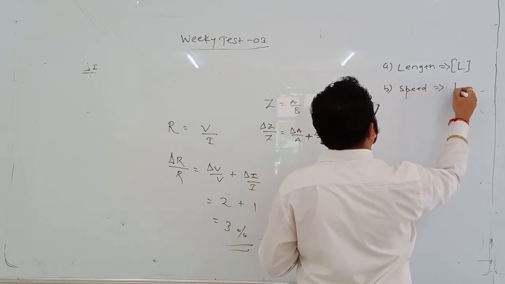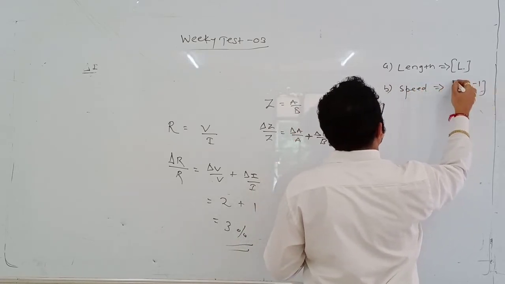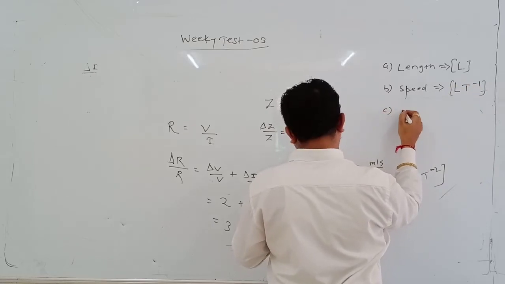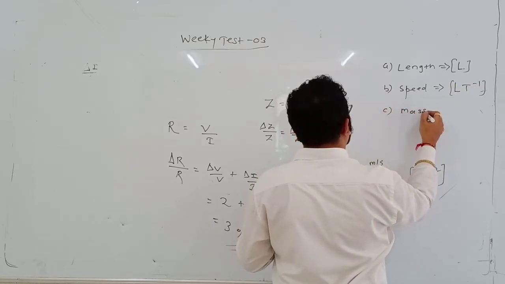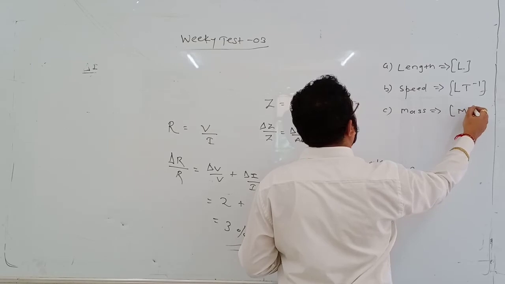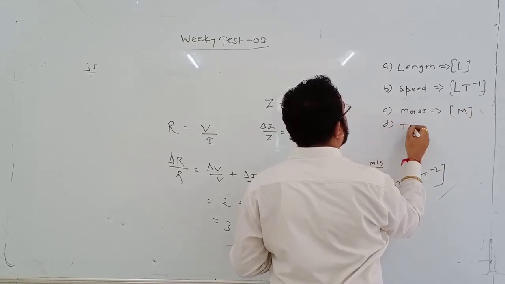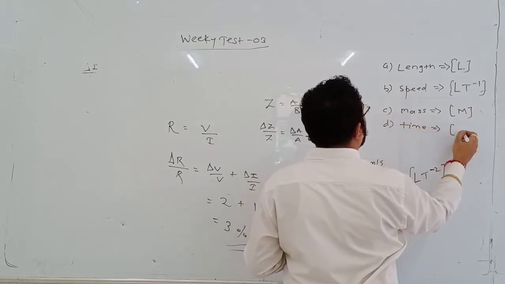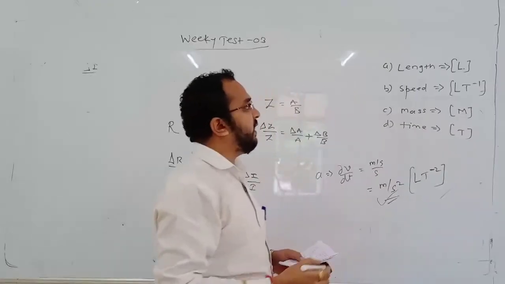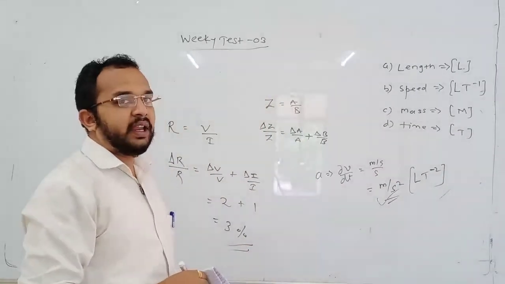Speed is meter per second, so LT-1. C, mass. Dimension M. D, time. Dimension T. Easily you can tell which is not a fundamental quantity.